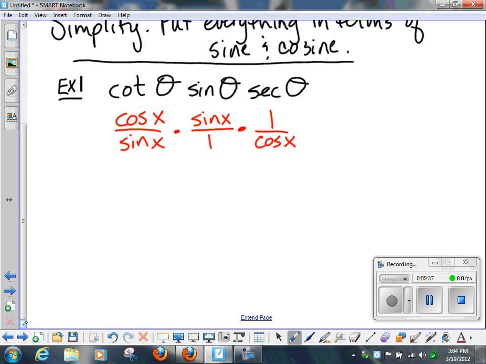Here we go. Can I cross cancel cosine? Yeah, I can, because it can cancel with this cosine down here. Now this is where I have an advantage with my colors. What else can cross cancel? Sine can cross cancel.